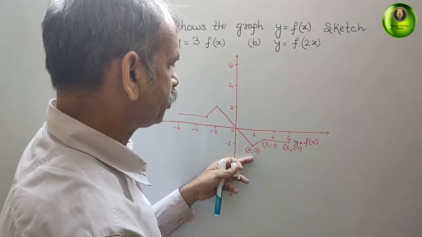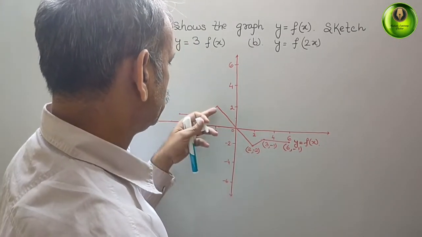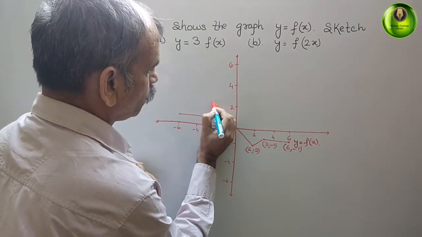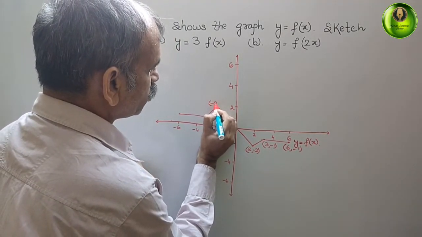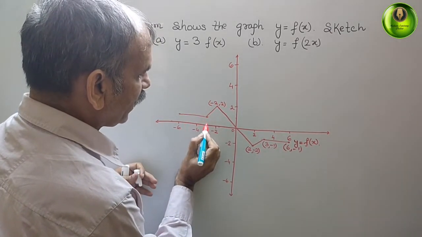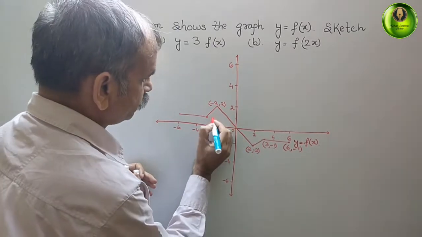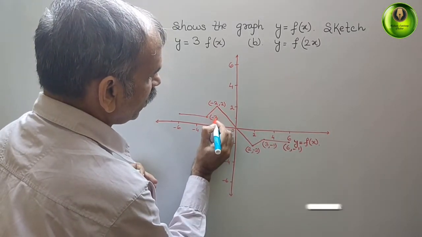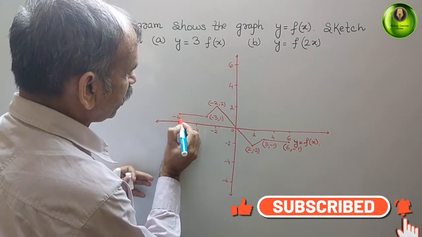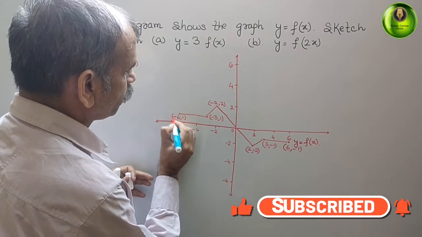Next comes your value minus 2 comma 2. This value is minus 3 comma 1. This value is minus 6 comma 1.